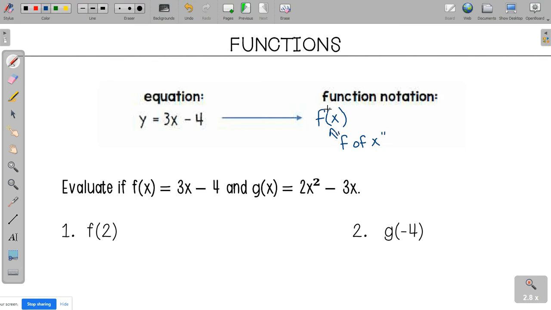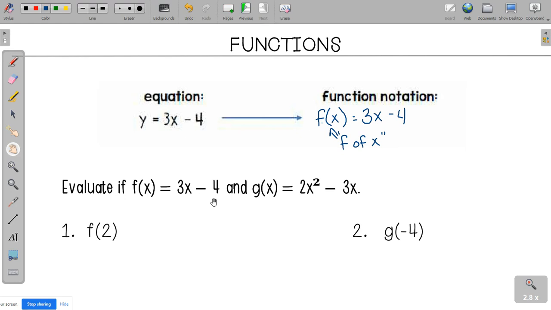Whatever letter is on the outside is that letter, so in this case, it's f. The parentheses is "of," and then whatever is on the inside, so x. So f of x equals the same thing, 3x minus 4. When we're dealing with functions, we're going to be seeing f of x more often than we're seeing y equals, but it is the same thing.